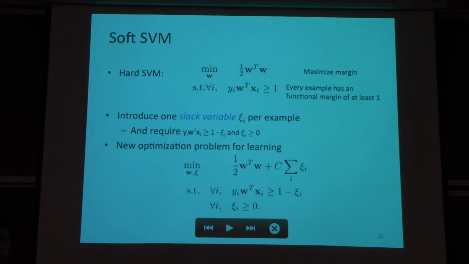It already satisfies the margin condition. Only for those bad data points do we allow some positive Xi, giving them some room to violate the margin constraint. So that's why we also want, at the same time, to minimize it.